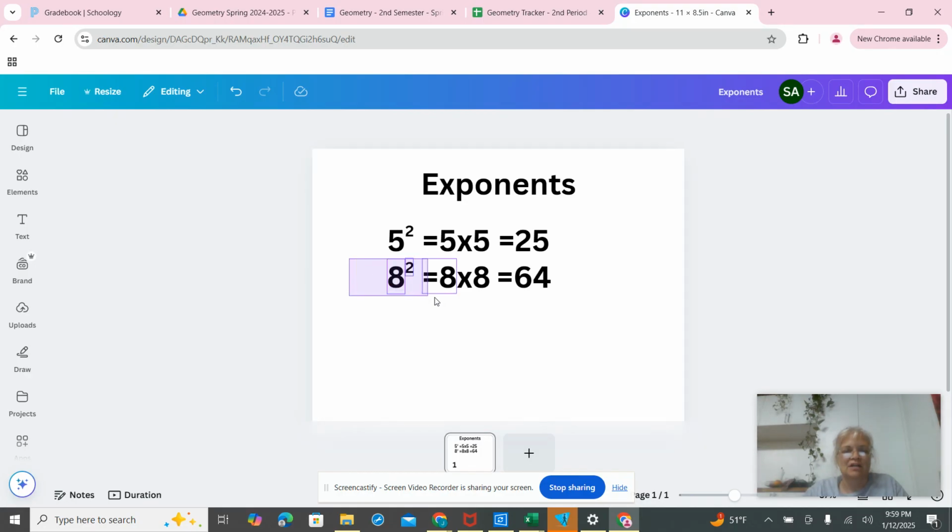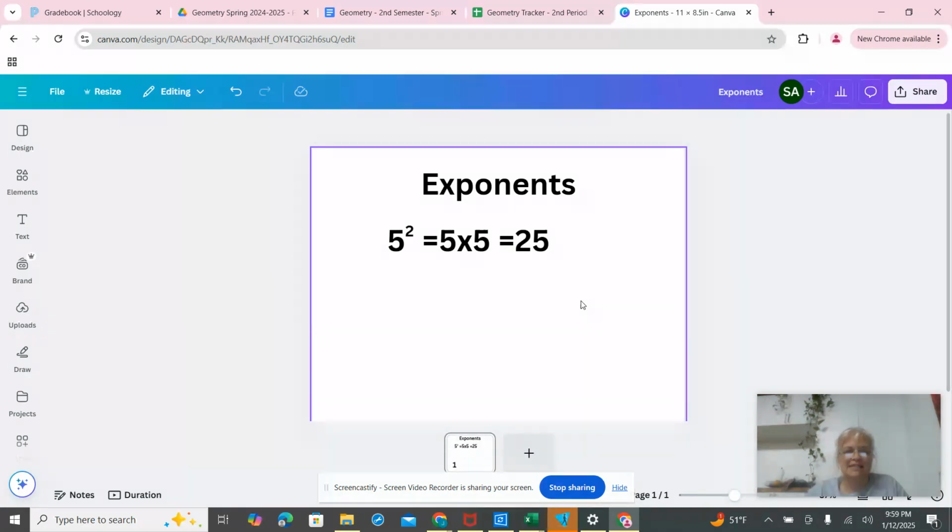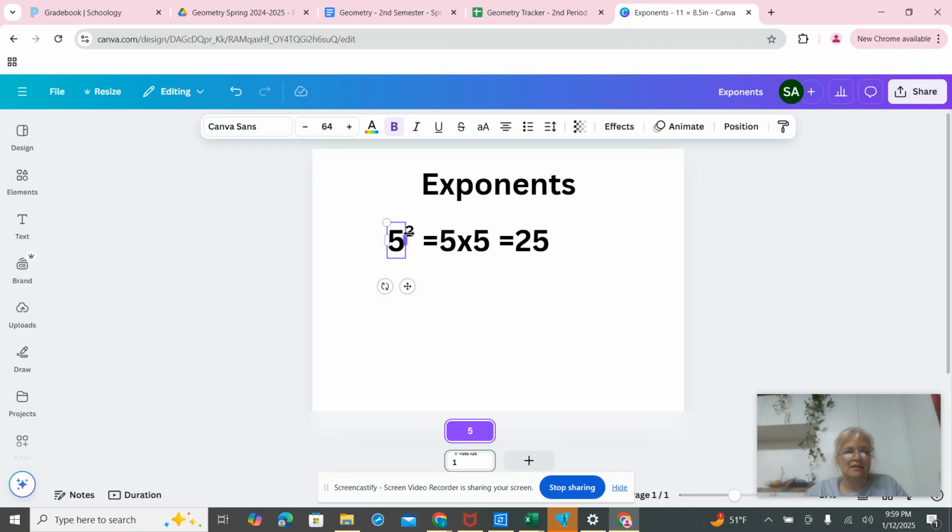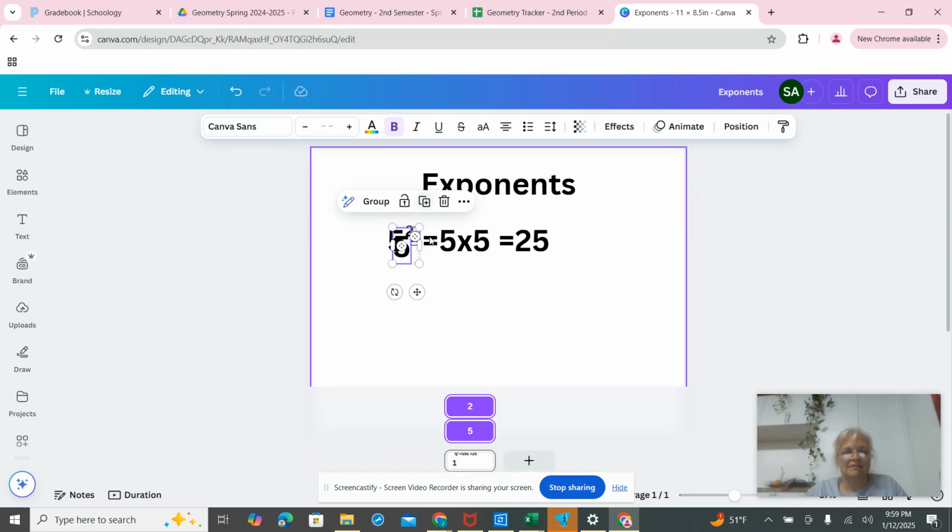And that's the answer. So here is the biggest mistake that people make when they see 5 squared. A lot of people will see this. Let me make a copy of it.